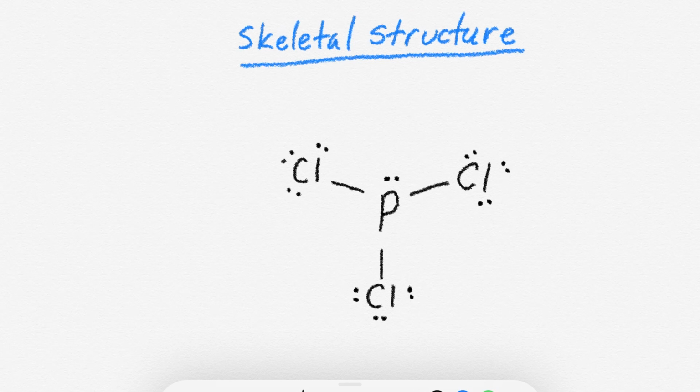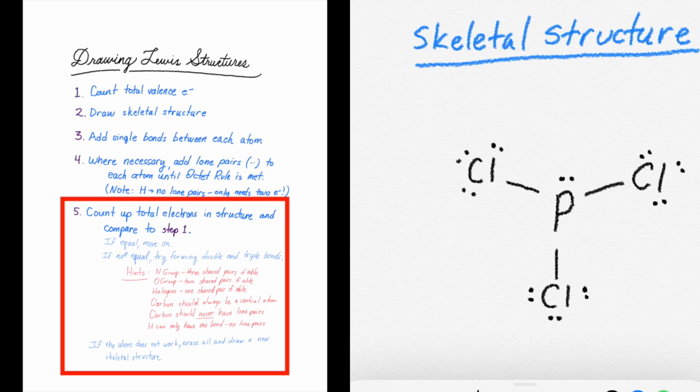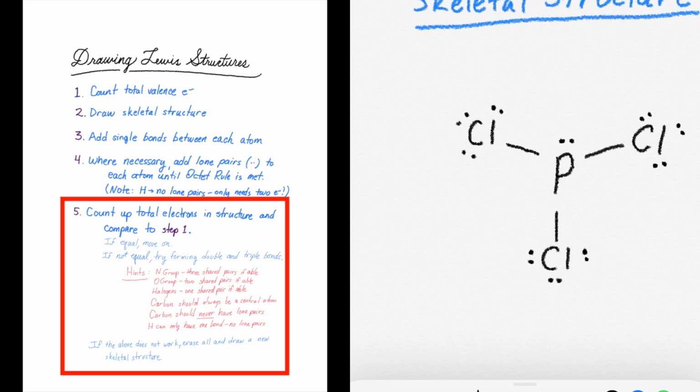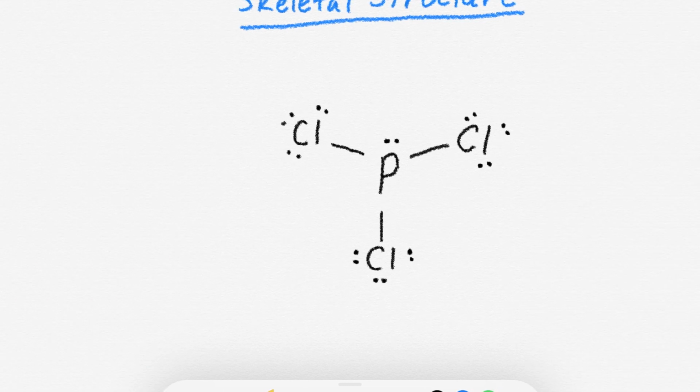So now that we're done with that step, we move on to step 5. What we want to do now is count up all the total electrons in our structure and compare to step 1, which is the total number of valence electrons that we had available. To make your life a little bit easier, one thing that you can do is count as 2, 4, 6, 8, and so forth until you've counted up all of the electrons that you have placed in your structure.